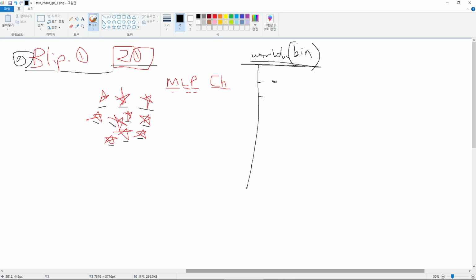And then another one, still at blip 0. And then finally, if we run out of sand grains, we go into a new blip.